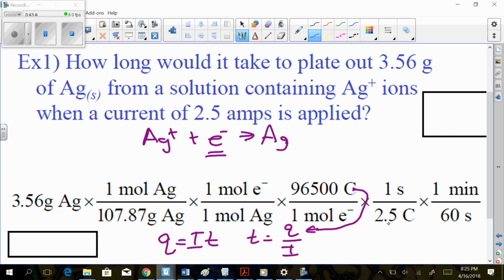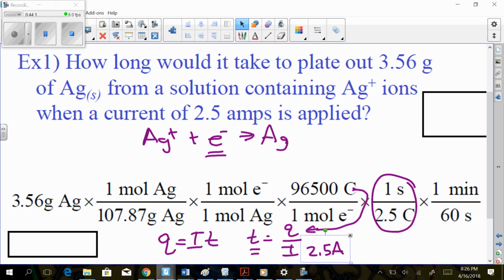An amp is really a coulomb per second. You might not know where they got that from, but this is 2.5 amps, and amps are coulombs per second. If you plug in those two numbers, you could get the time. The answer you get from my equation will be in seconds, which is fine unless they asked you for minutes.